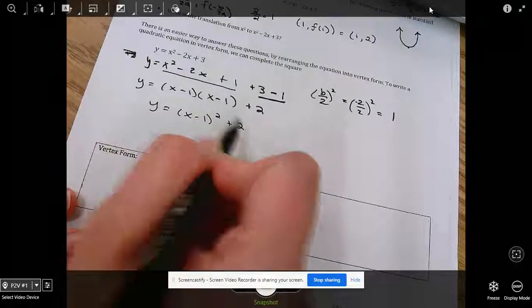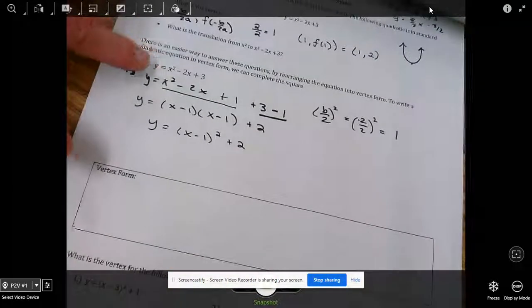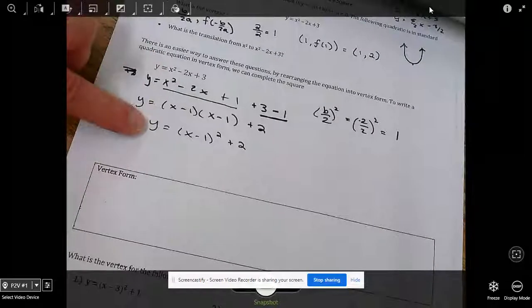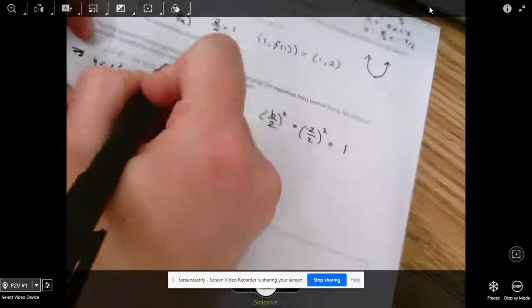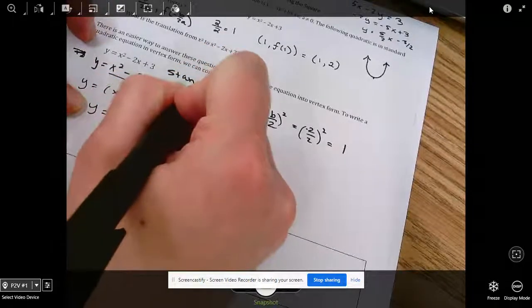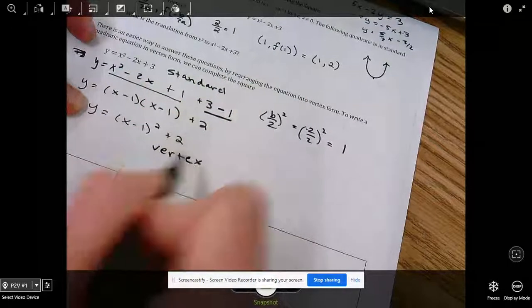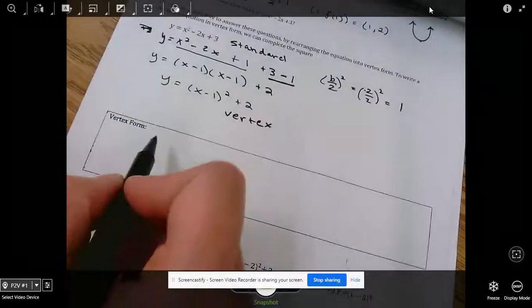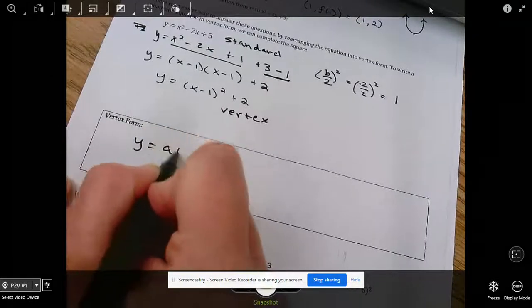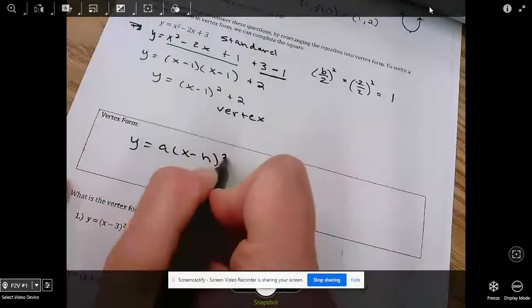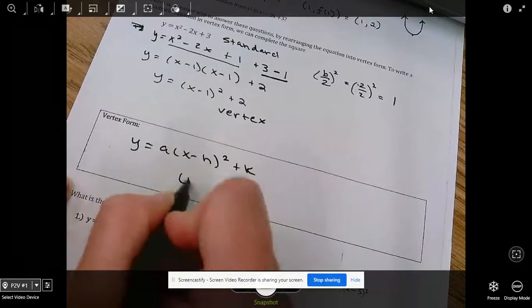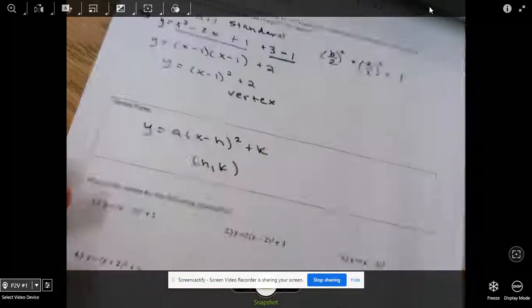So I'm giving this equation a makeover. All I'm doing is saying, hey, this equation and this equation are the same thing, except this is in standard form and this is in vertex form. Because vertex form is y equals a(x minus h) squared plus k, where (h, k) is the vertex.